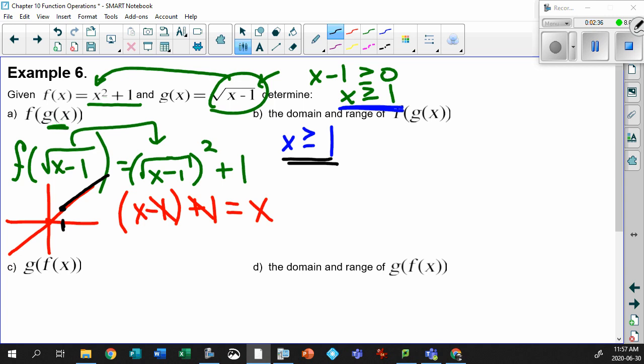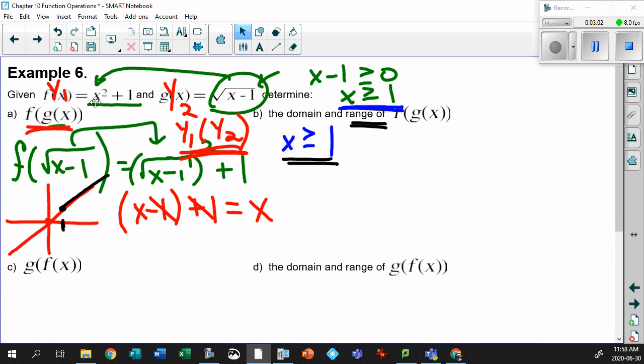Possibly, but I wonder what the range is. So this is where, again, using your calculator and knowing how to do this is going to be very easy. I'm going to take this f of x, I'm going to make it y1. I'm going to take the g of x, make it y2. So this now transposes into y1 and y2 like that. So that's what I'm going to put on my calculator right here, y1, y2.